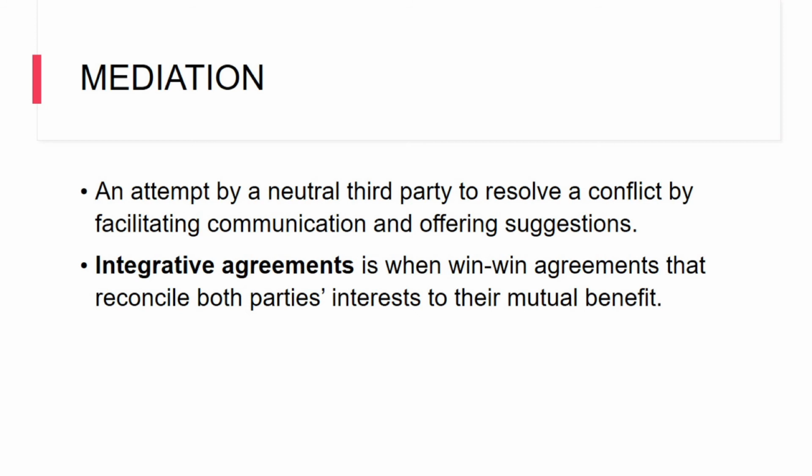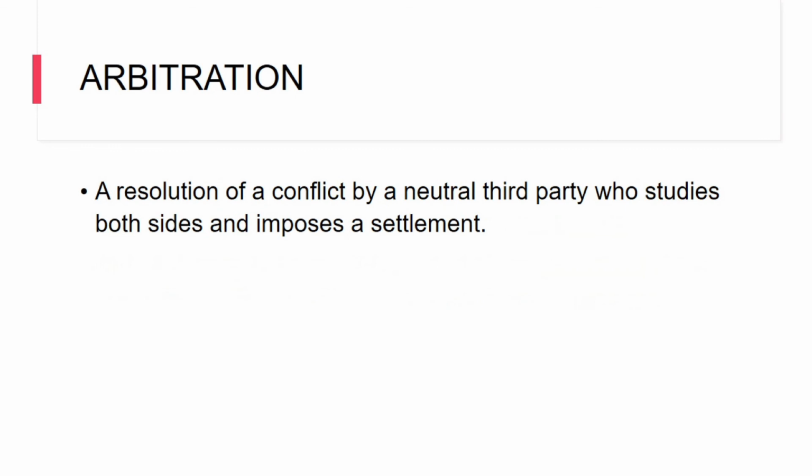Integrative agreements are win-win agreements that reconcile both parties' interests to their mutual benefit. And arbitration is a resolution of a conflict by a neutral third party who studies both sides and imposes a settlement.